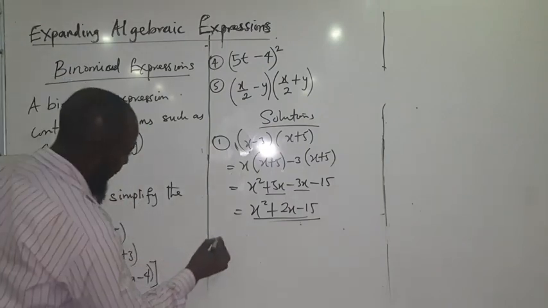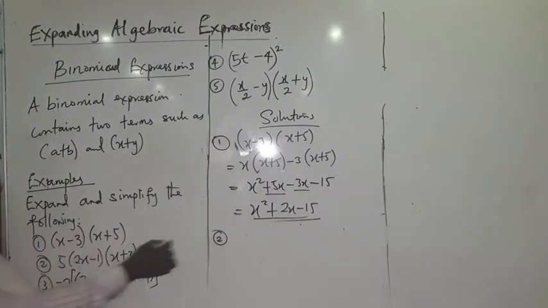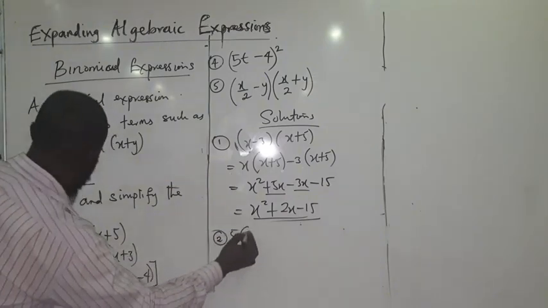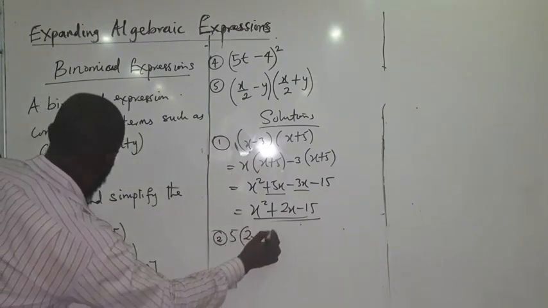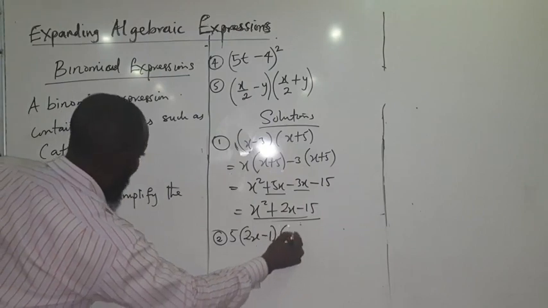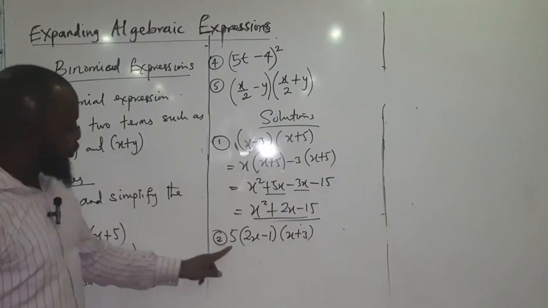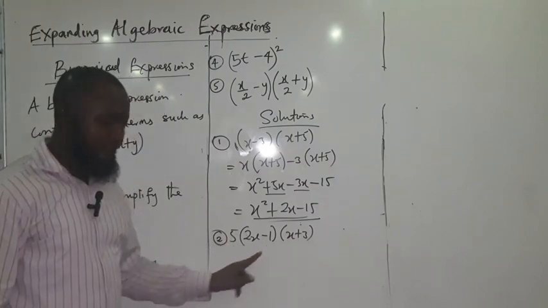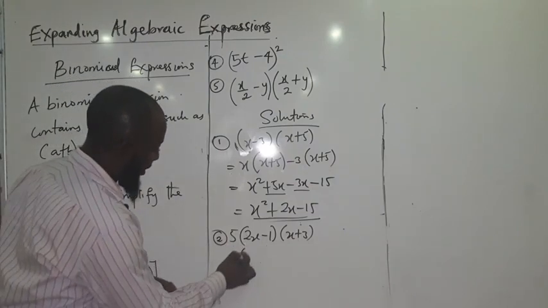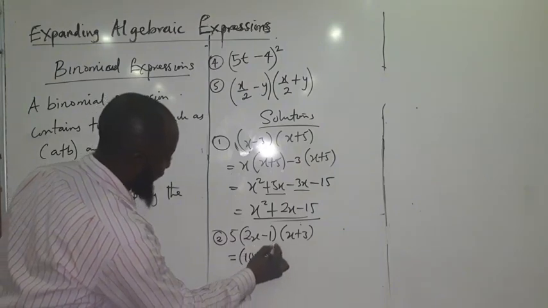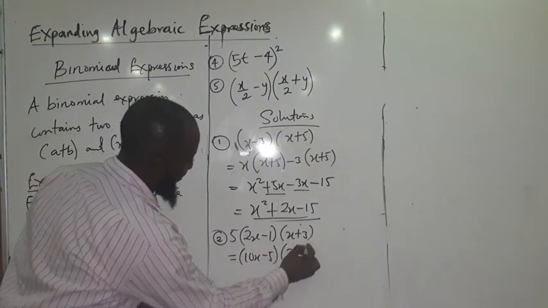For number 2, so what we have here, we have 5 into brackets 2x minus 1 into brackets x plus 3. This 5 is outside this one. So we use this 5 to multiply everything here. So this will give us 10x minus 5. Then x plus 3.